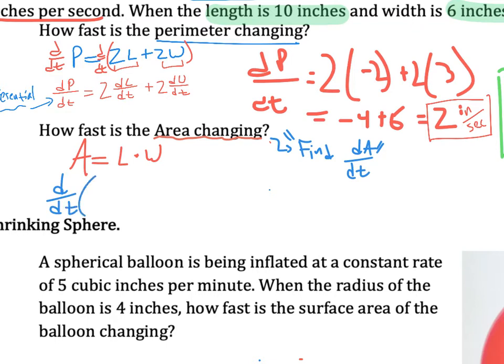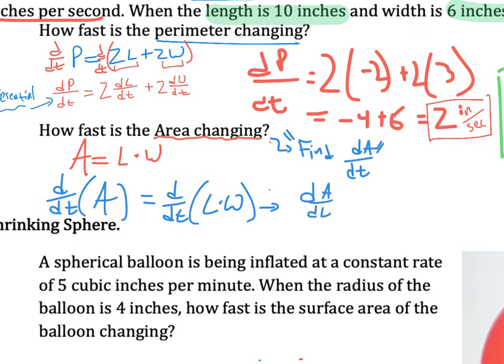So we're going to take the derivative of the left side, and we're going to take the derivative of the right side. Now we're going to have to use some product rule here. Remember, A is a function of time, L is a function of time, and W is a function of time.